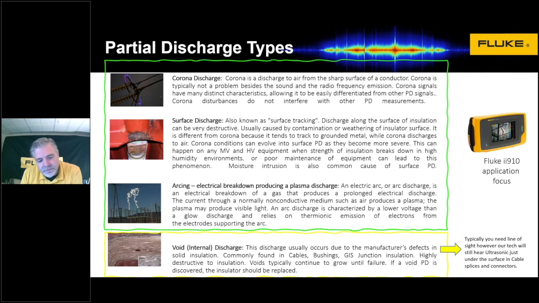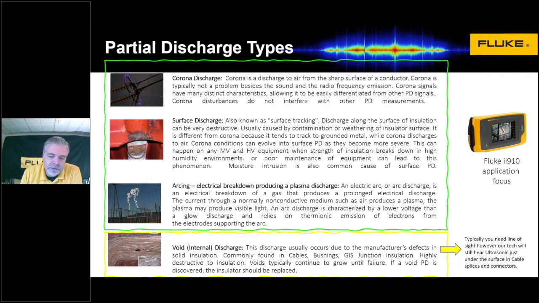The one that catches most attention is voids or internal discharges. Typically, it's pretty difficult even for a UV IR camera, it can't see it because there's no ionization getting out. So they typically use very expensive electrical measurement tools. We can see some of this.